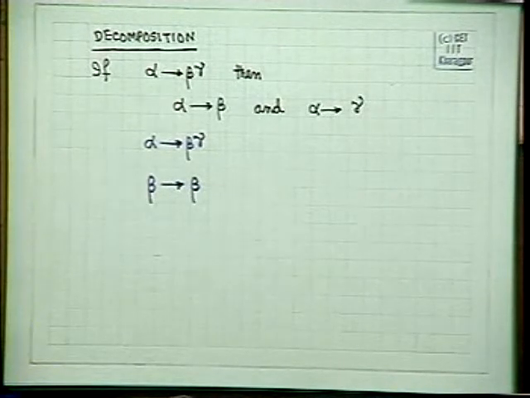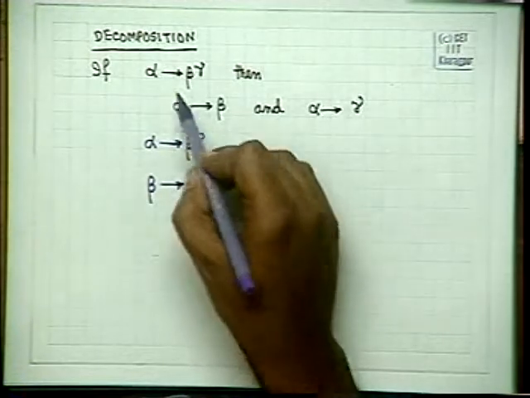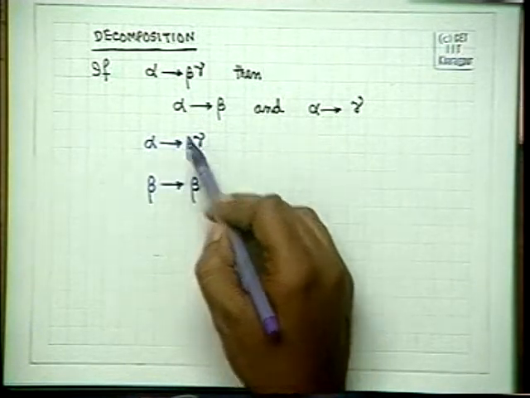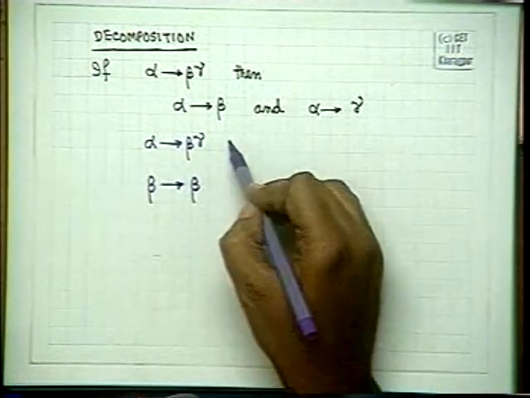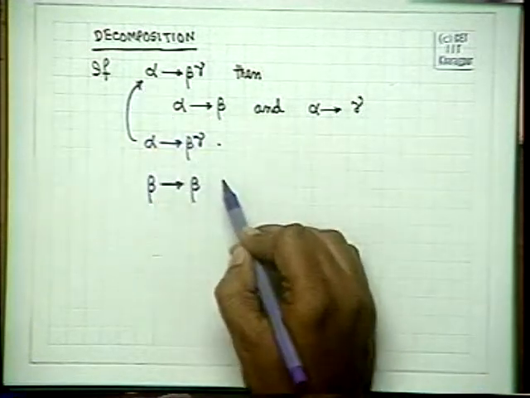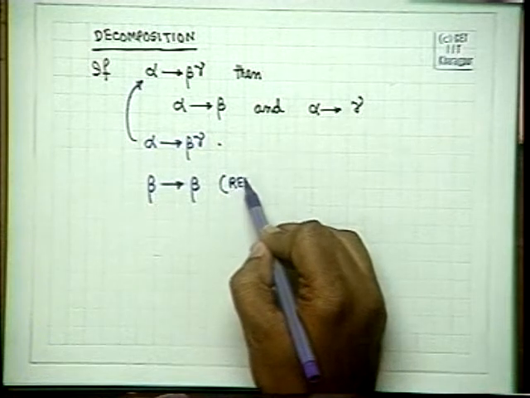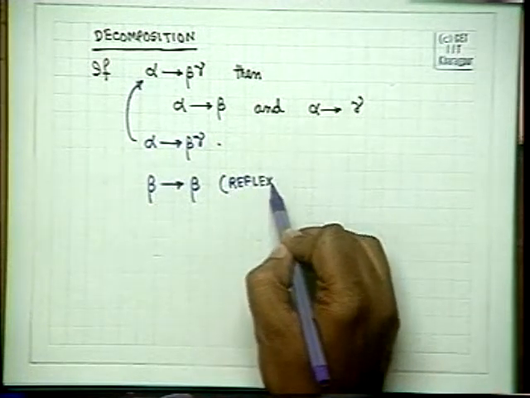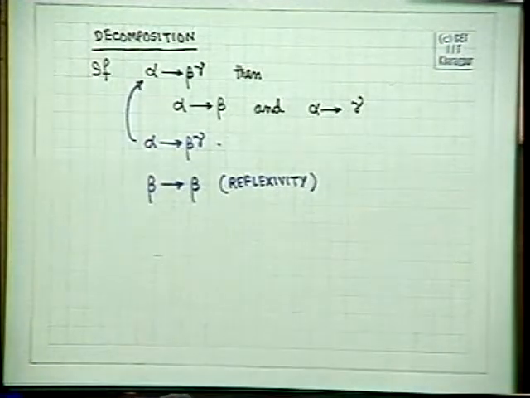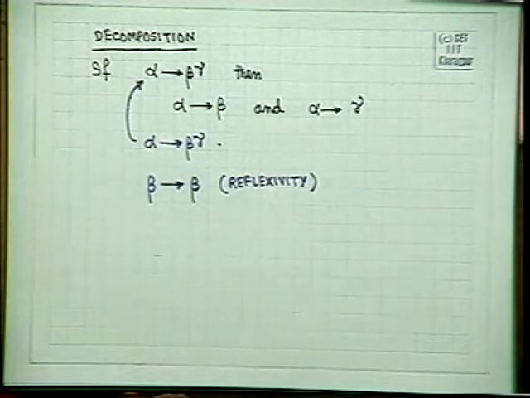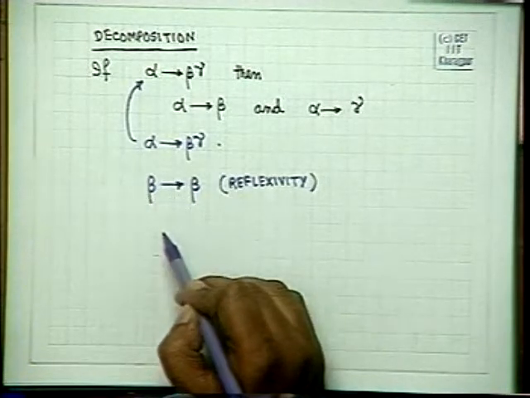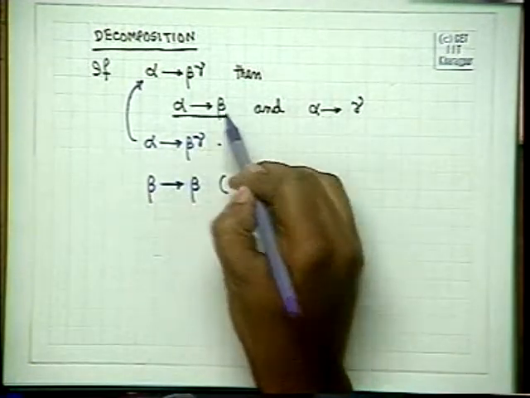Okay, so can you derive this using this and this? This is the given rule, and this is the reflexivity rule. Our goal is to derive this and this.